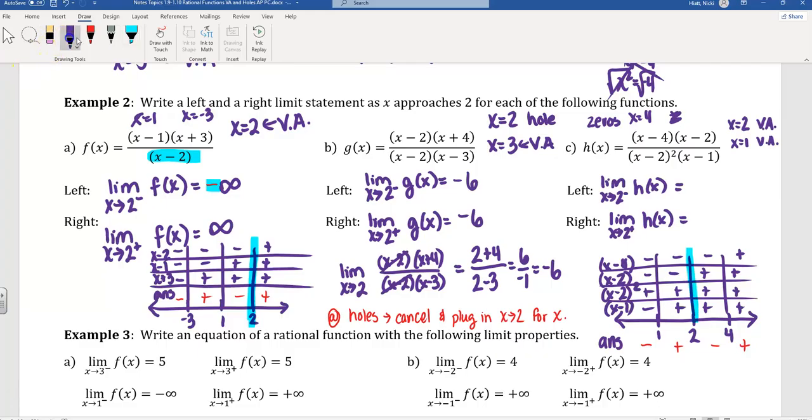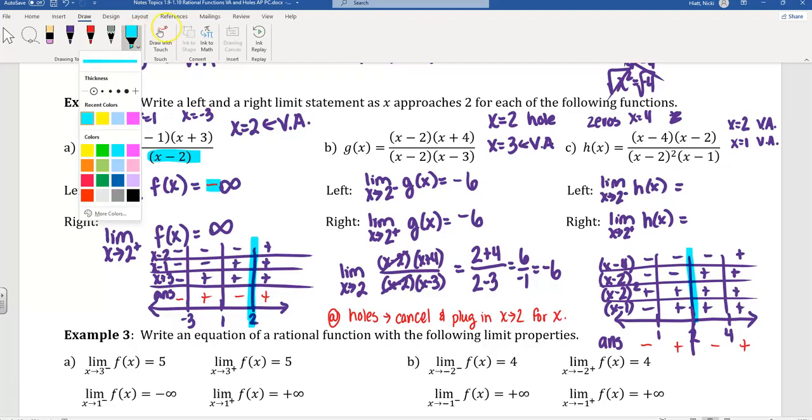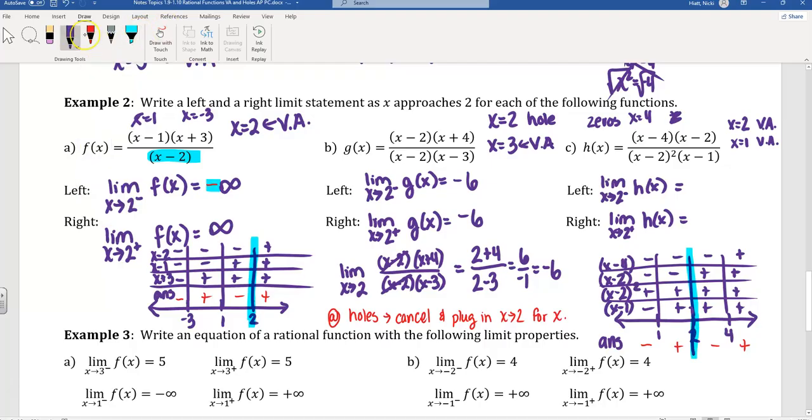On the left side of 2, is my graph going to approach positive infinity or negative infinity? Positive. I'm pointing to the wrong spot. Positive, because my answer there is positive. So I'll have positive infinity from the left side. How about from the right side? Negative infinity.